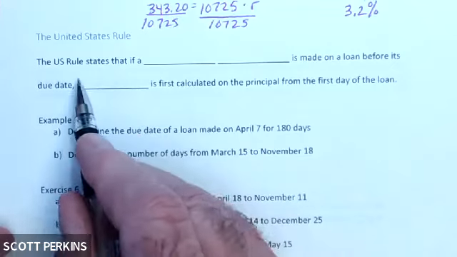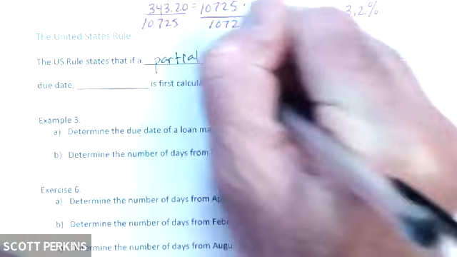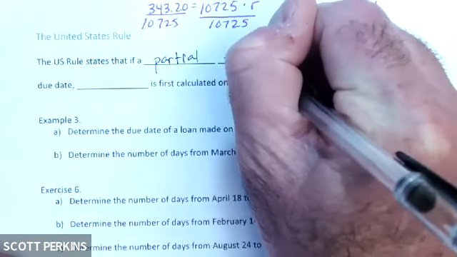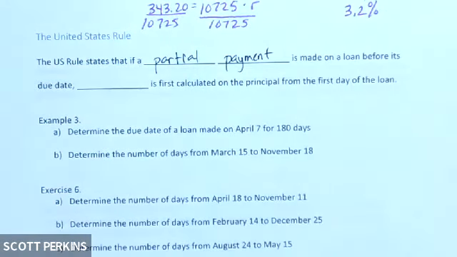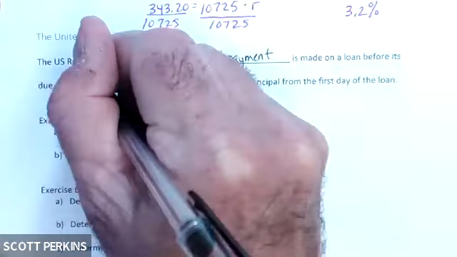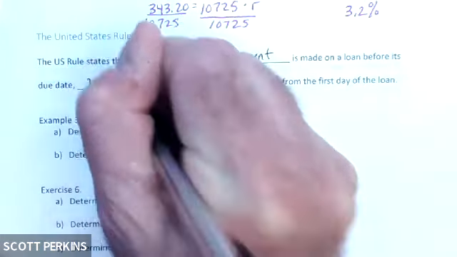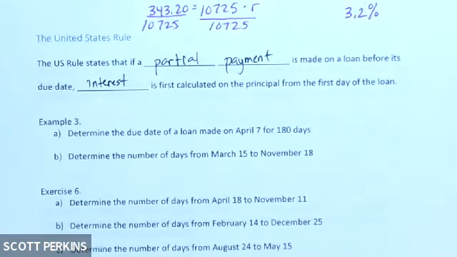So the United States Rule says that if a partial payment is made on a loan before its due date, interest is first calculated on the principal from the first day of the loan.